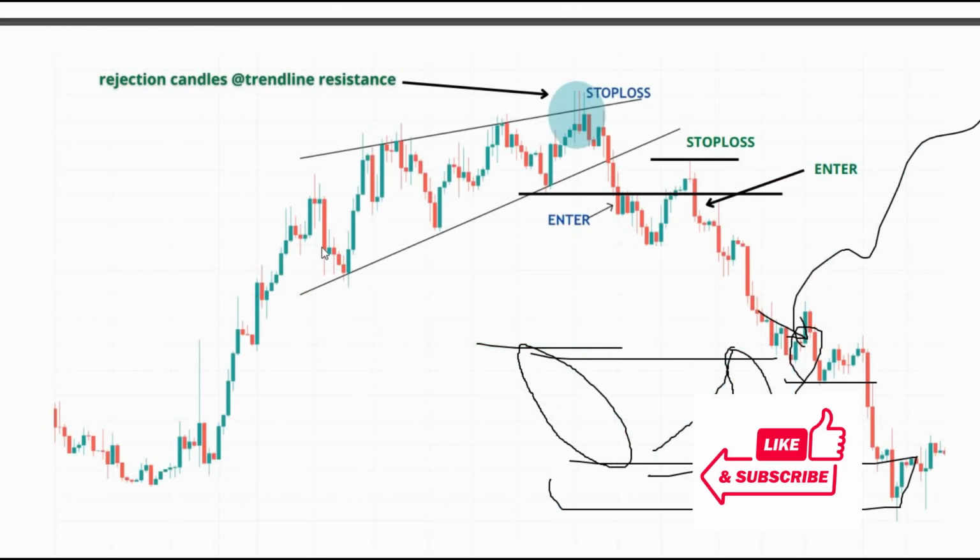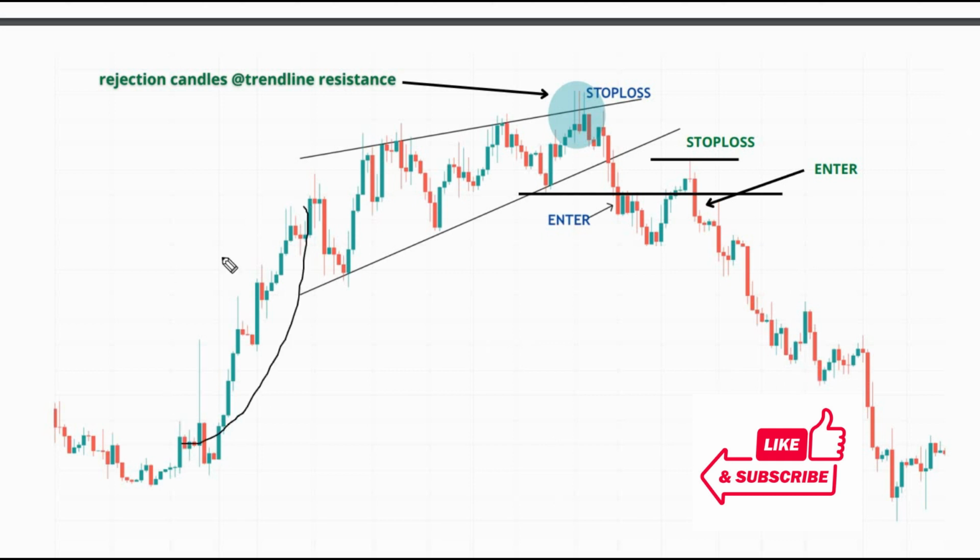See, strong buying momentum, strong buying momentum. Then we saw rejection candles at the trend line resistance. See these rejection candles. So what is happening?